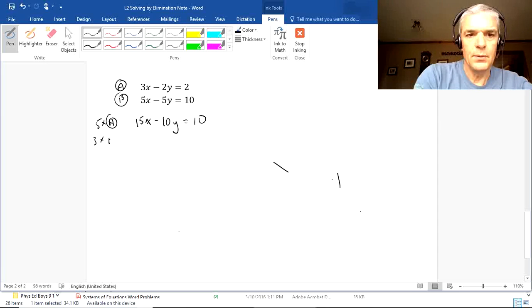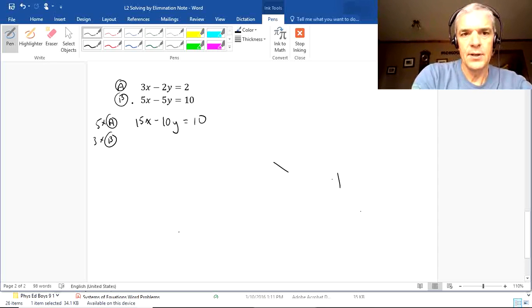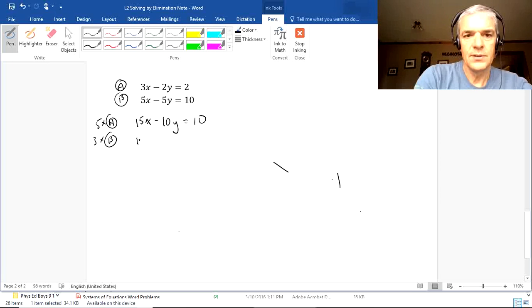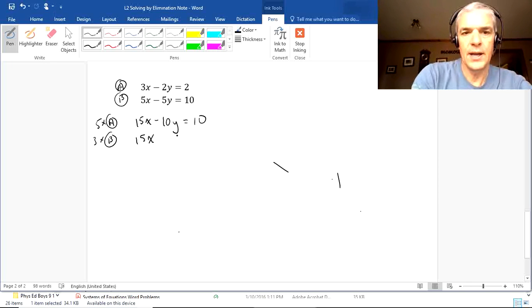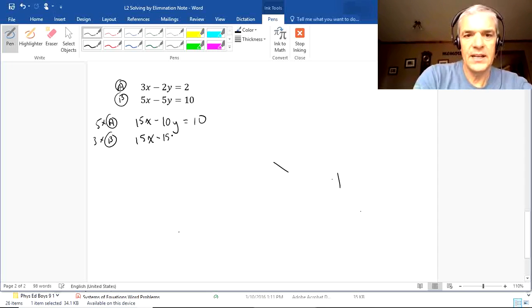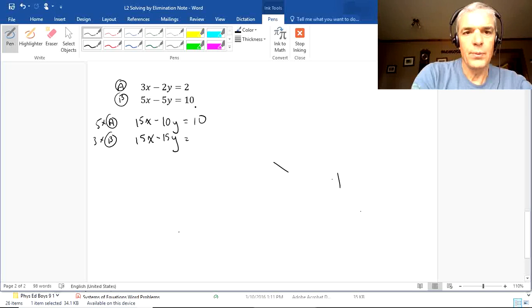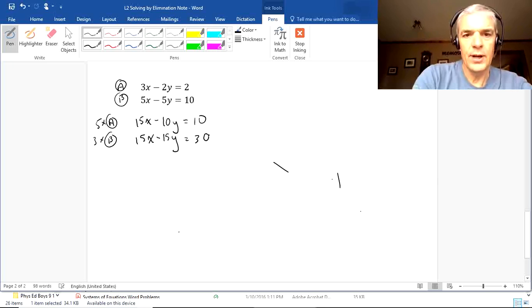Well, you'll see here in a second. 3, because 3 times 5 is 15x. And look, now I have equal values, so I can subtract these two. And I'll have minus 3 times 5, minus 15y equals 3 times 10, 30.